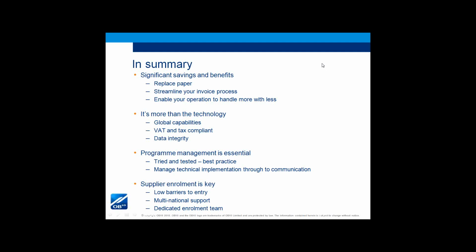The second point is that if your strategy is to go through e-invoicing and you decide that's the way you want to go, this is where you will start rejecting those paper invoices, and you need to be very clear to your supplier in the communication before you actually start rejecting. Now I'm going to start rejecting your paper invoice because the way you should be submitting your invoice is electronically through OB10.